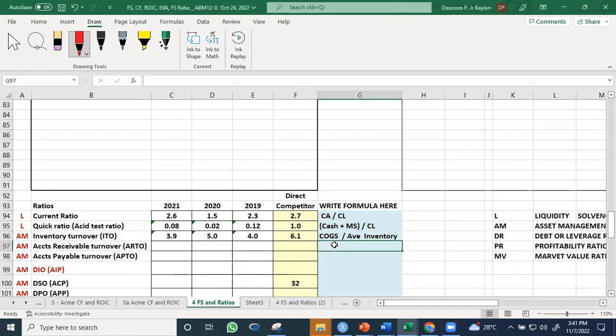Okay, so let's write the formula first. So this is average receivables. And what do you think is the partner? What is the partner of these receivables? What is our numerator?